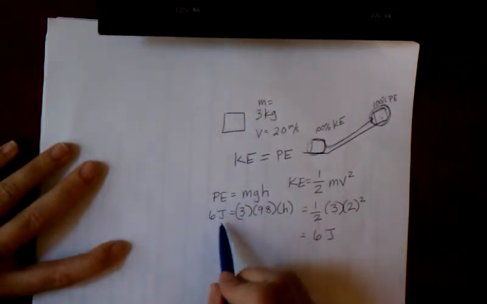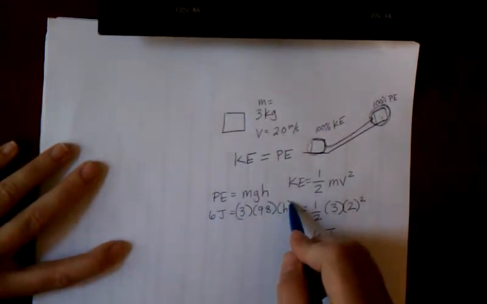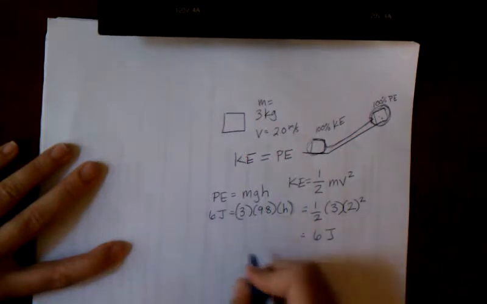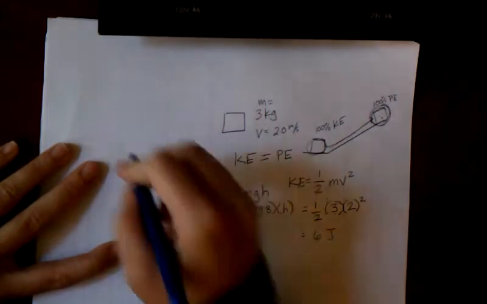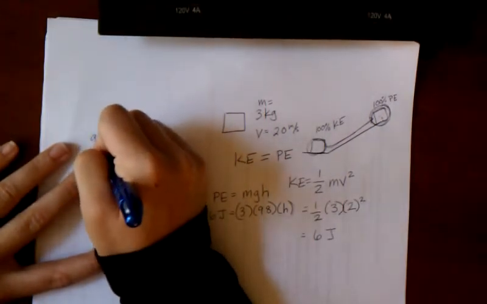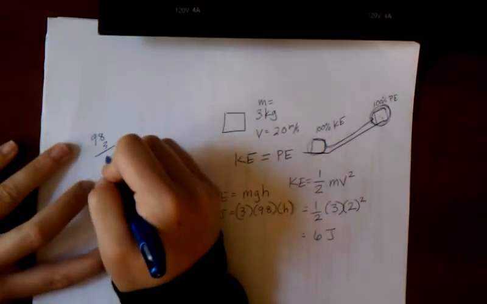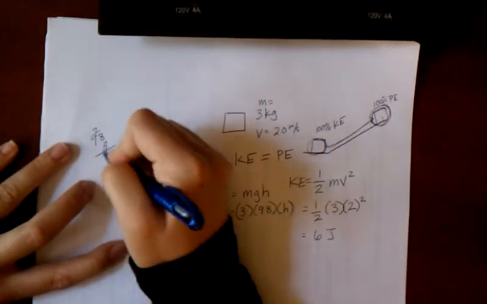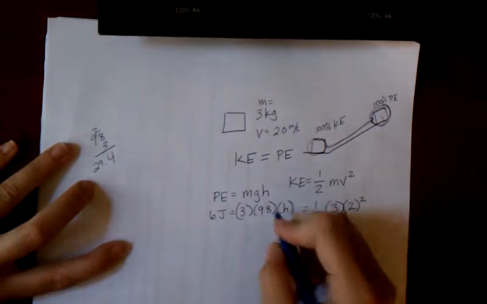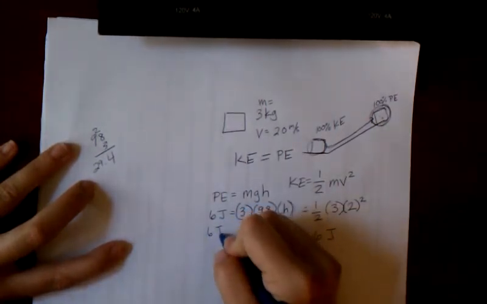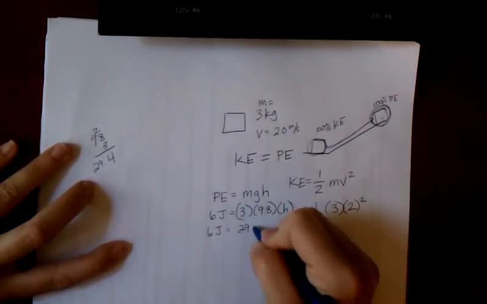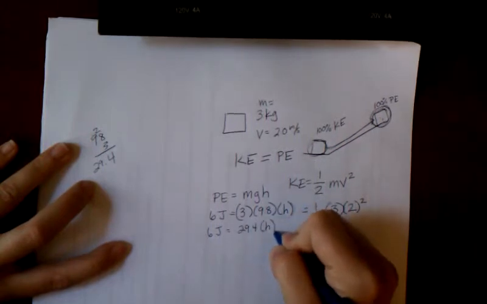If I want to figure out how much height it has at its maximum point, then I have to take 3 times 9.8, which I didn't do before this video. So 8 times 3 is 24, 27, 29. So 29.4. So 6 joules equals 29.4 times height.